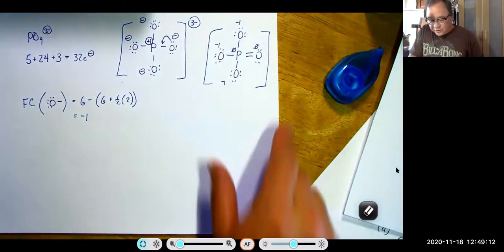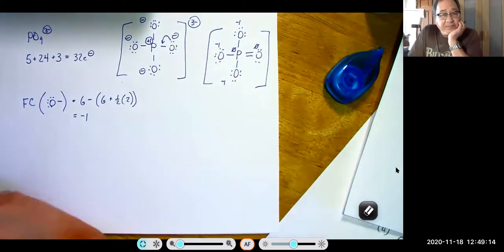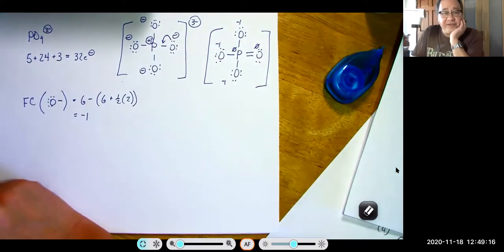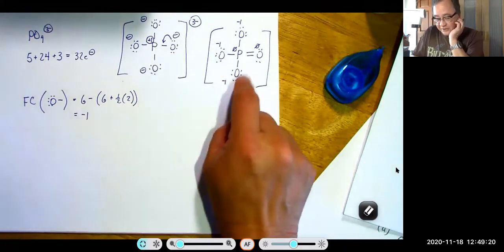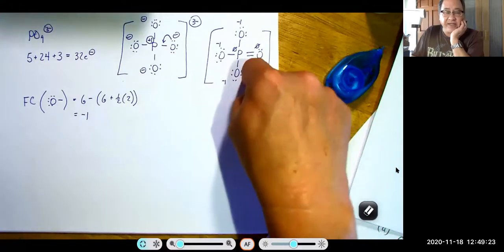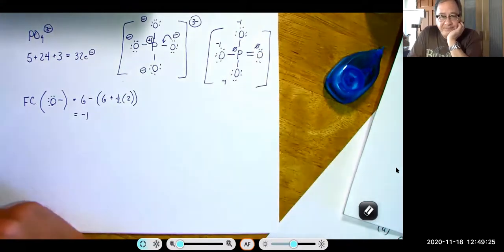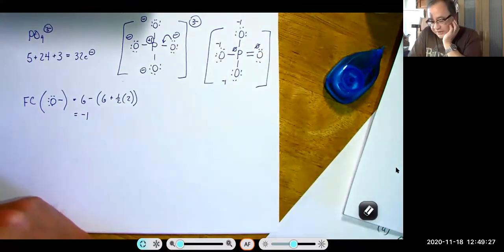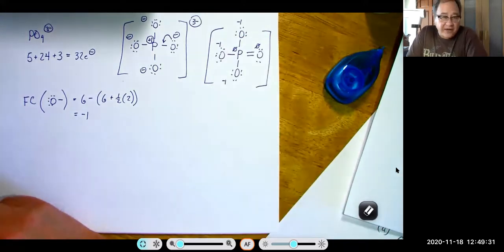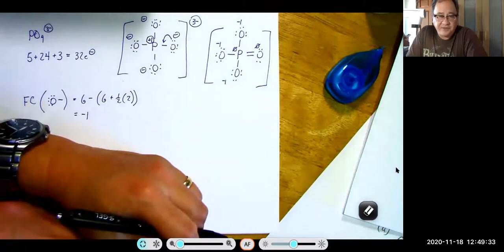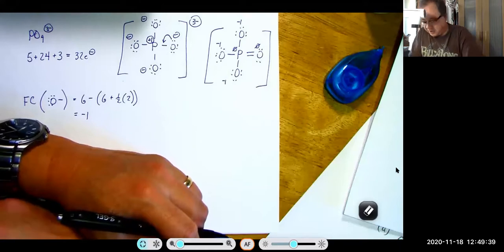So between these two resonance structures, which one's better? They all have 1s. This guy has no 0s. This guy has 2 0s. This one's better because it's got 0s. Okay. And you might say, well, why don't we just make double bonds with all the oxygens? And if you do that, you'll find out that you don't have very good formal charges on phosphorus. We could actually do one more. We could do this.